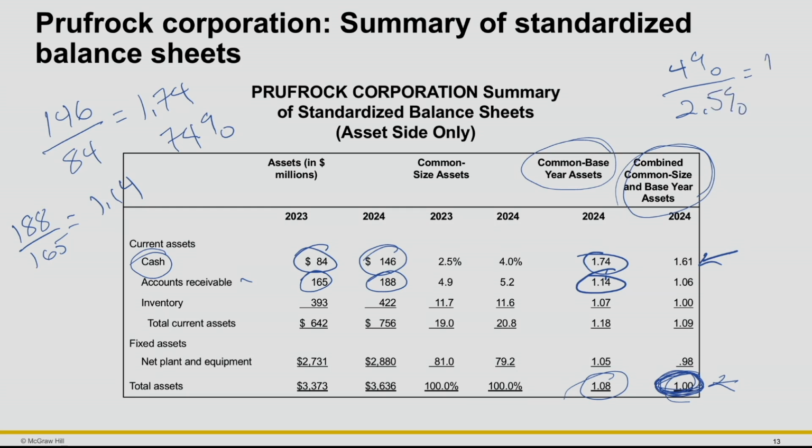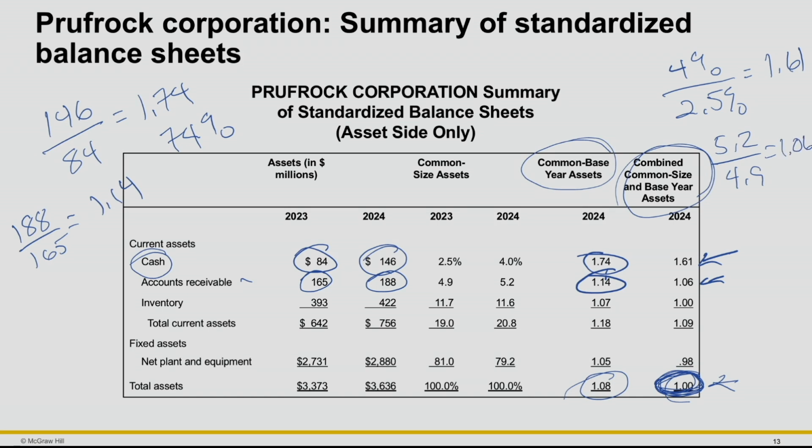And that gave us 1.61, or a 61% increase relative to the 8% that's already baked in. All right. Accounts receivable also grew at a faster rate. And so that is 1.06. And again, that would be 5.2 divided by 4.9 equals 1.06.